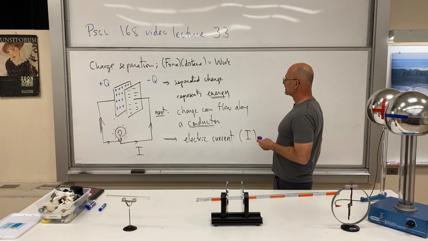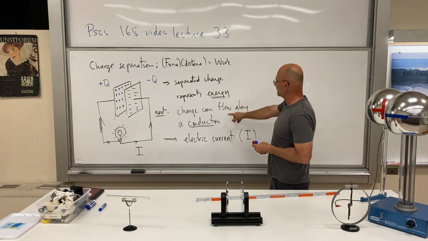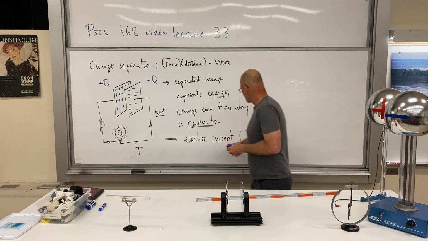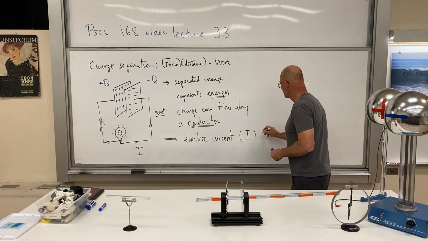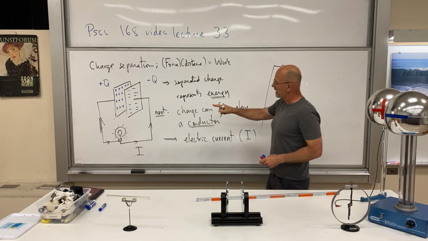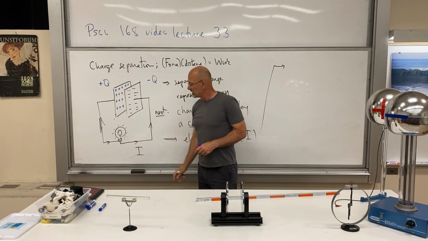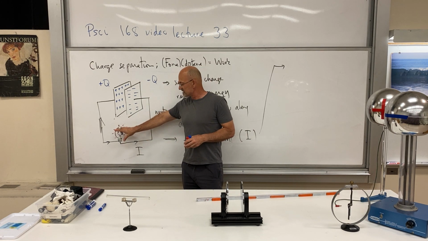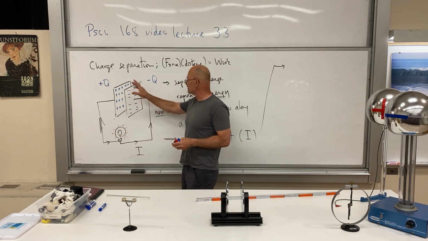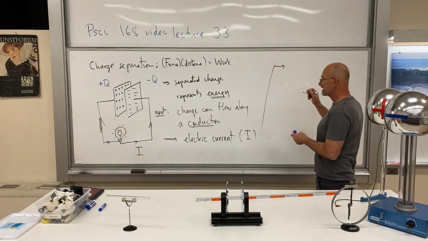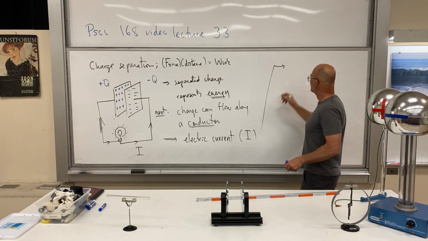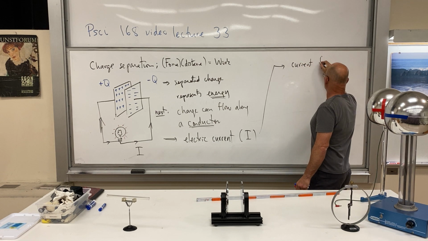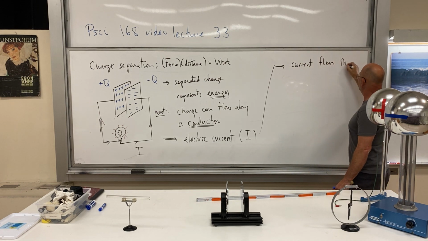Now, let me label this separated charge. It's energy next. Charge can flow along a conductor, in electric current, and the electric current in the light bulb produces heat and light. And of course we know that heat is a form of energy, and that's where that stored energy went. So to complete this thought, current flows through the light bulb.